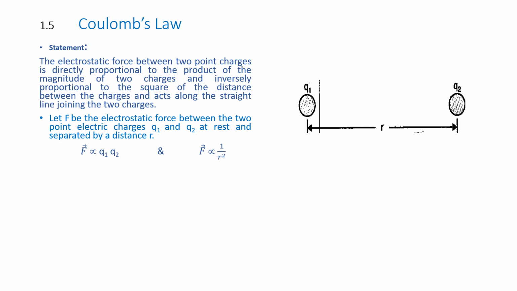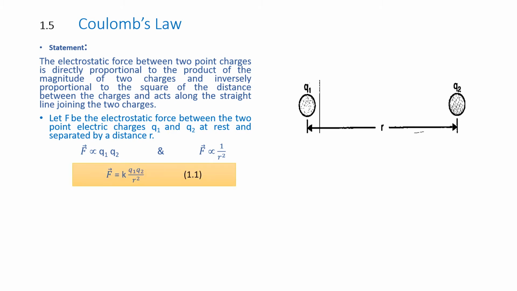So, Coulomb's law states that the force F is proportional to the product of Q1, Q2. And the second part of Coulomb's law says F is also inversely proportional to the square of the distance, that is numerically F is proportional to 1 over r square.